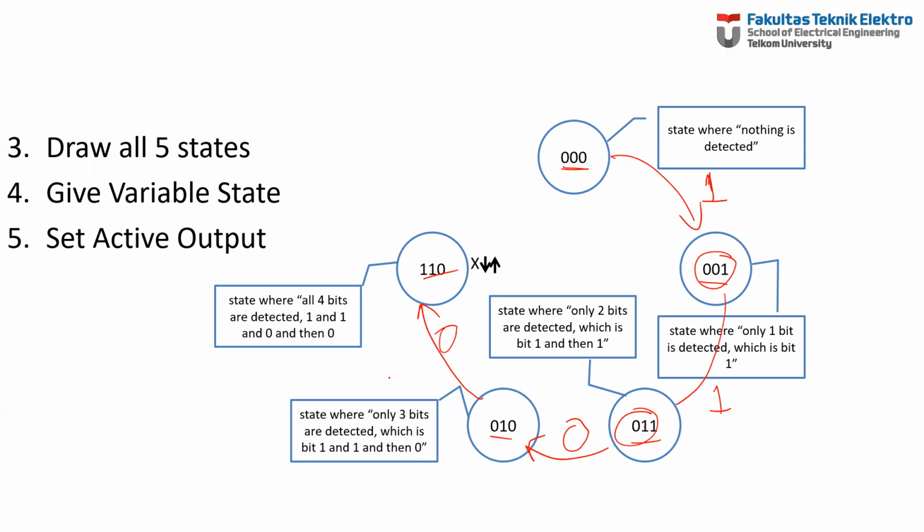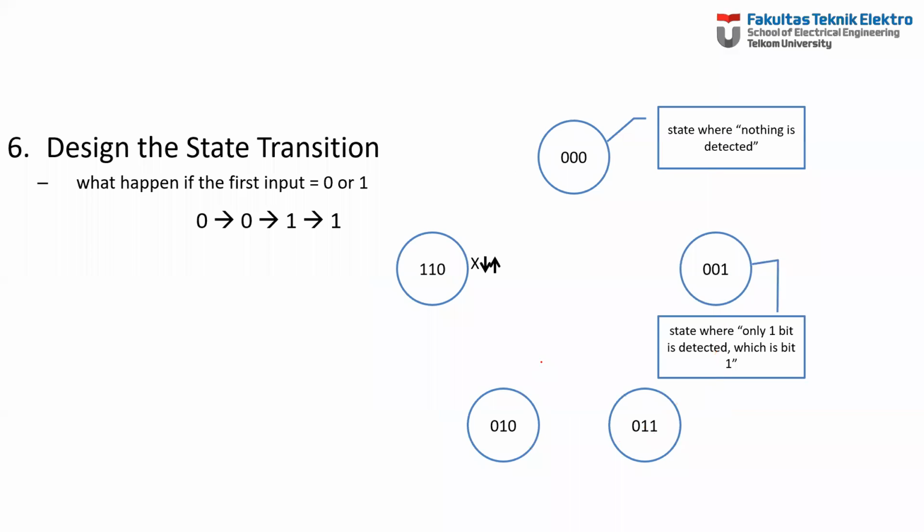Okay, now what happened when this one is 0, this one is 0, this one is 1, this one is 1? Where should we go if that happened? Right now we have to think logically. What happened if the first input is 1? So we're going to change from that state 0, 0, 0 to 0, 0, 1.